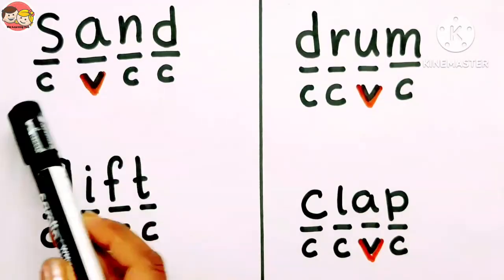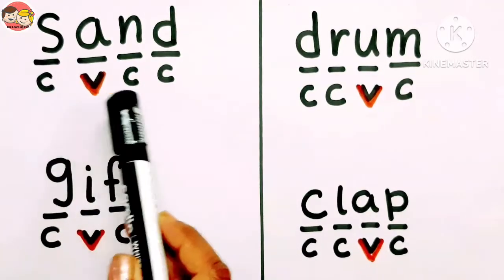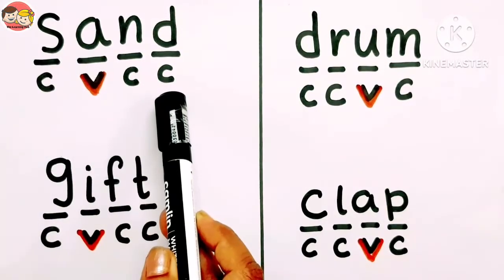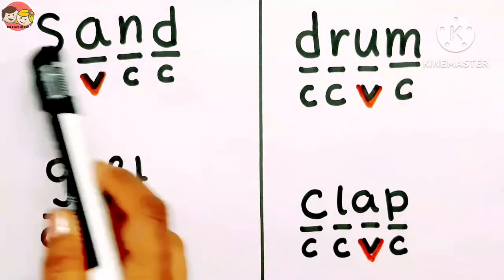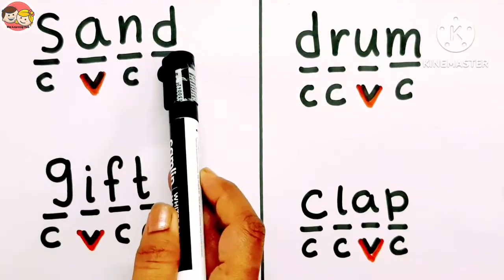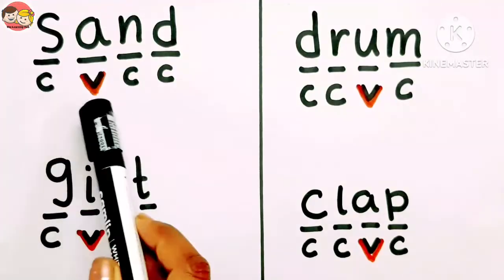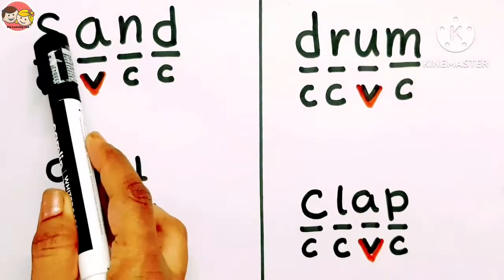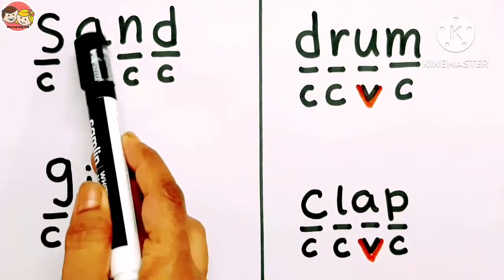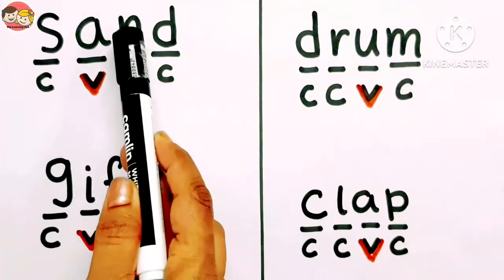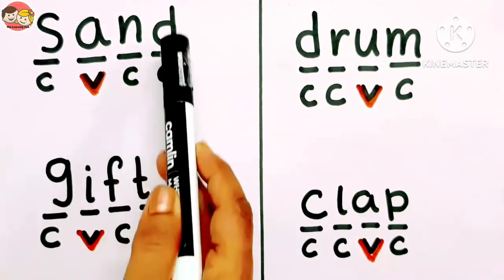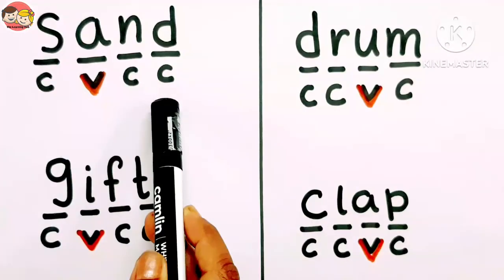Now let's look at some examples of CVCC and CCVC words. CVCC words means consonant, vowel, consonant and consonant. Look at the word SAND. This is a CVCC word. S is consonant, A is vowel, N is consonant and D is also consonant.